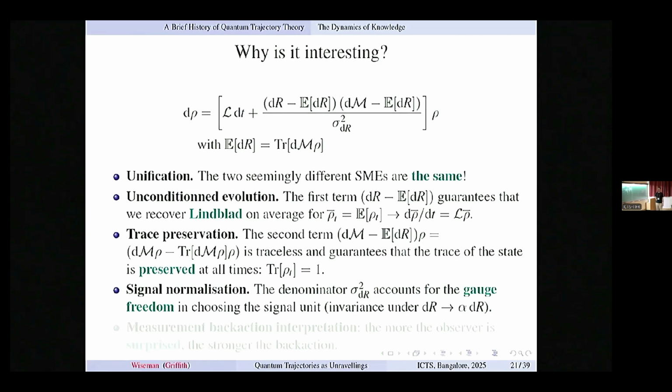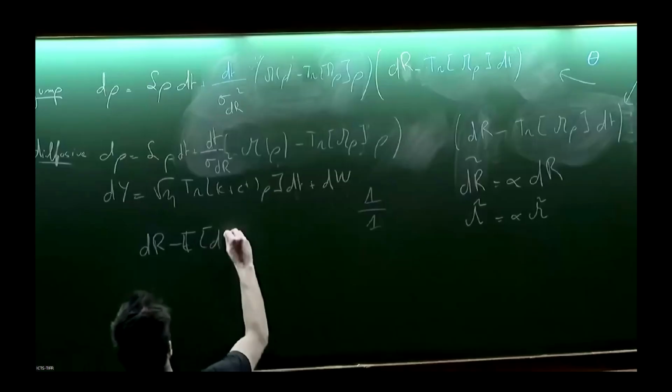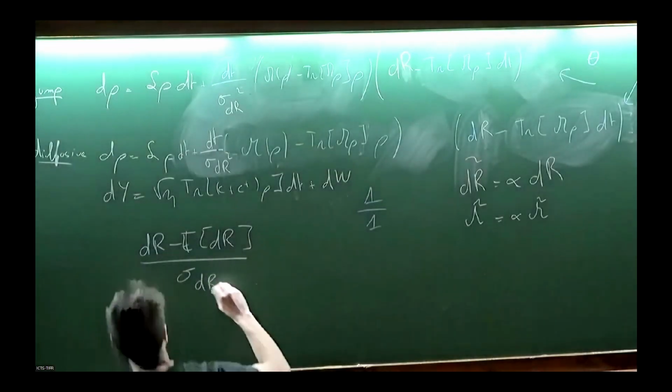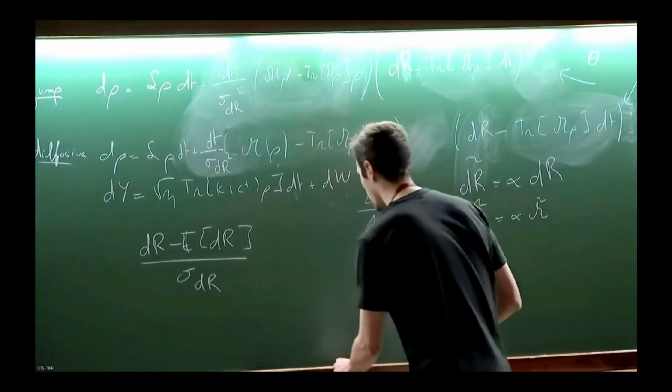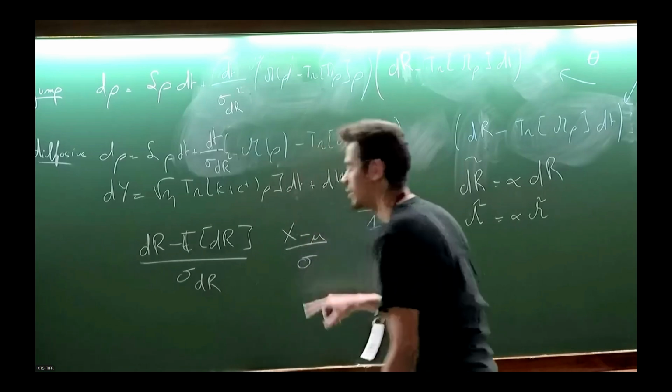It's going to work. And finally, why is it interesting? Maybe this gives an easier intuition for the measurement back action. So one way to see this is to split it and write the left term like this. I'm splitting the variance and just looking at the left term. When you have a random variable, you can subtract the mean and divide by the sigma.